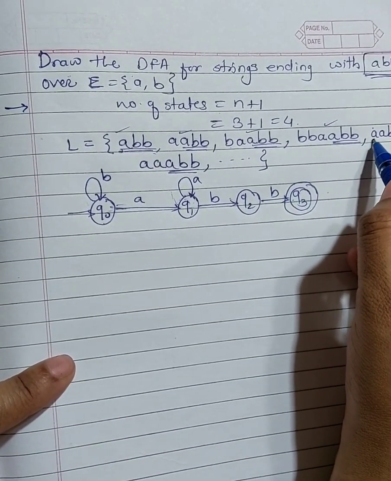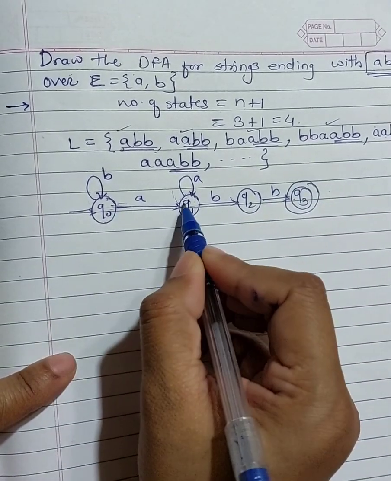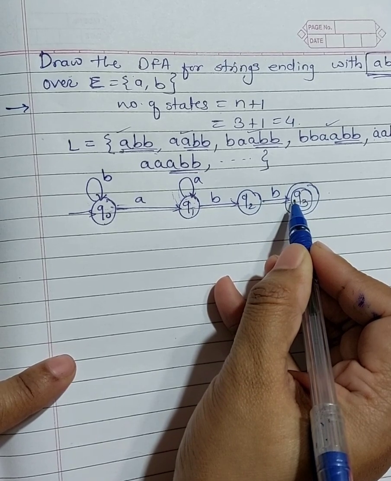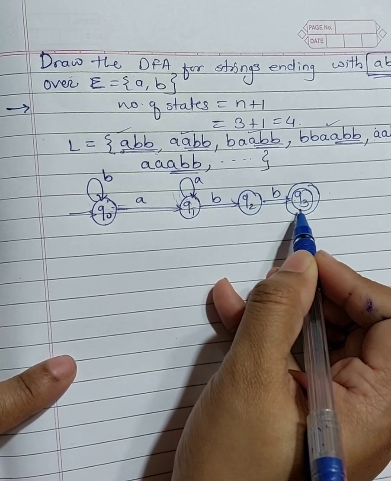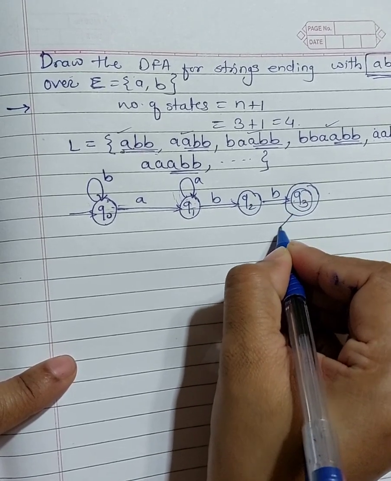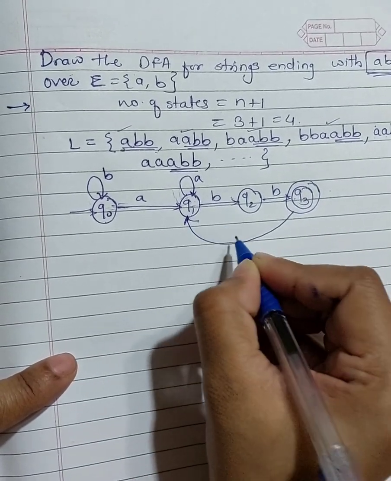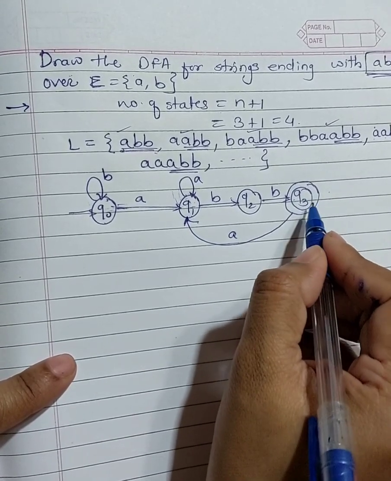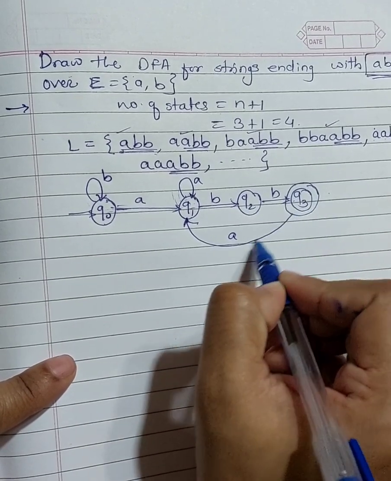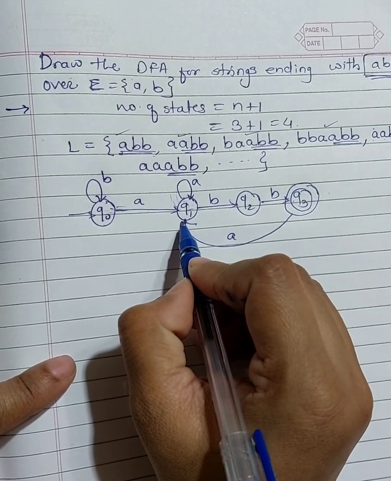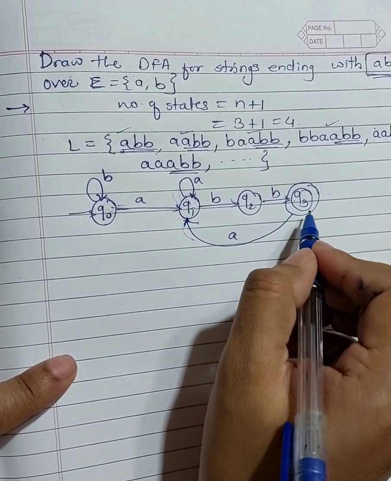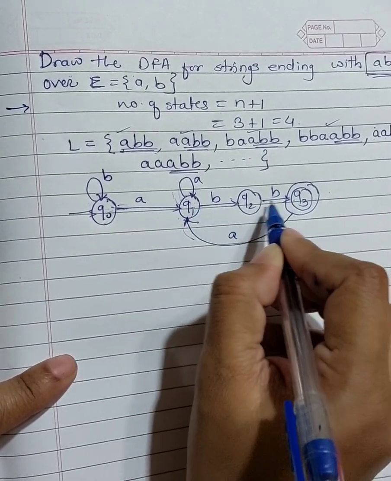Now check for the next one, ABBABB. Now if on the final state we have input A again, we have to pass this to Q1, because if there is input A on this state, we can have BB after that A. So on Q3 if we have input A, it should end with BB.